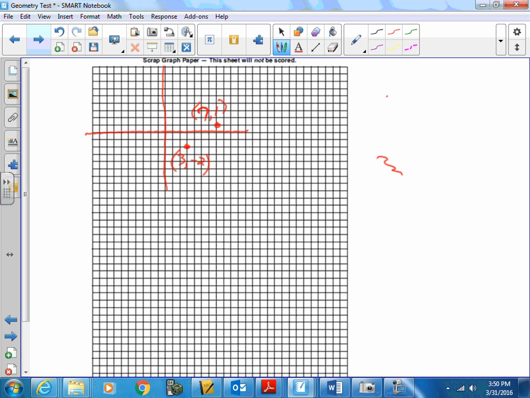Now remember the definition of a circle. We'll pick up a different marker now. It's the set of all points equidistant from a fixed point. So if I have my center point here, if you were in class at the beginning of the year, I had you do an exercise where you put a center point on your paper, and then draw 20 points that are all 3 centimeters away from that point. I believe it was something like that.